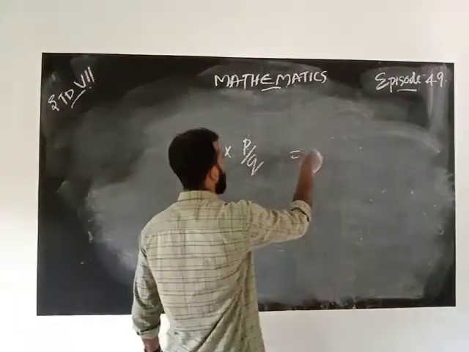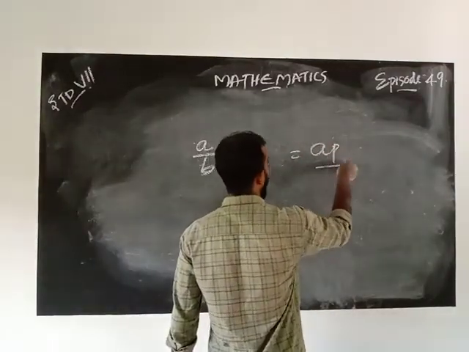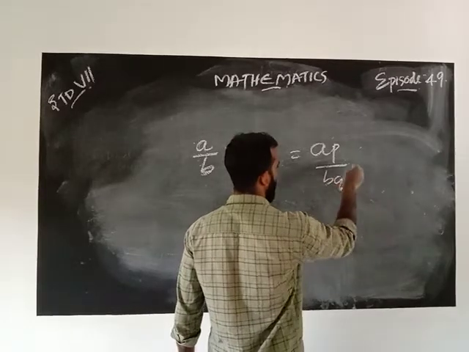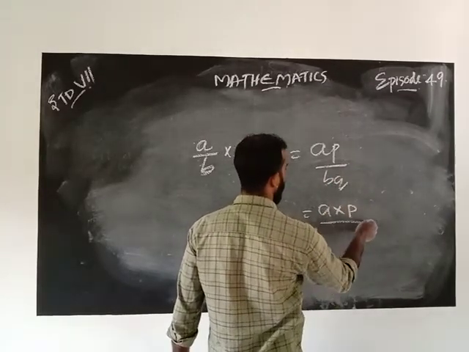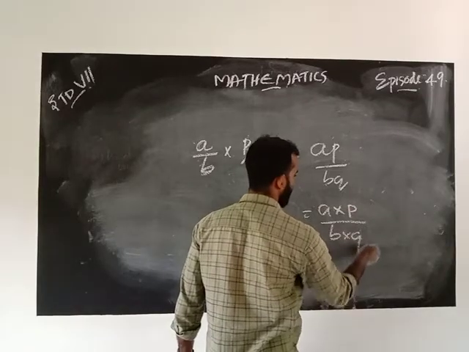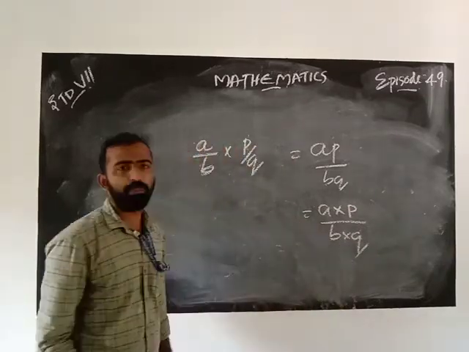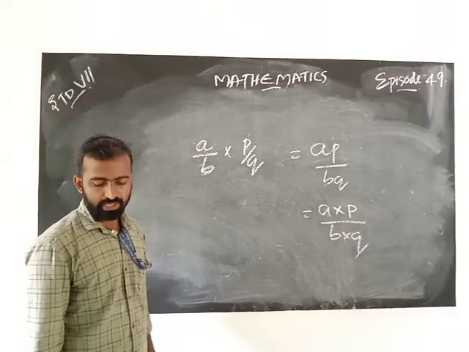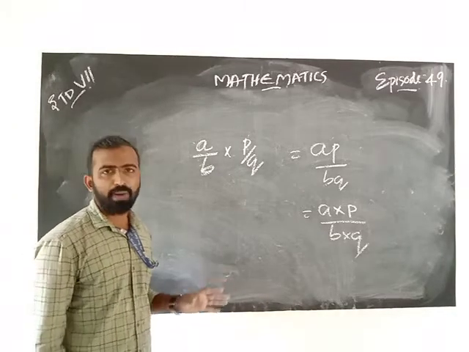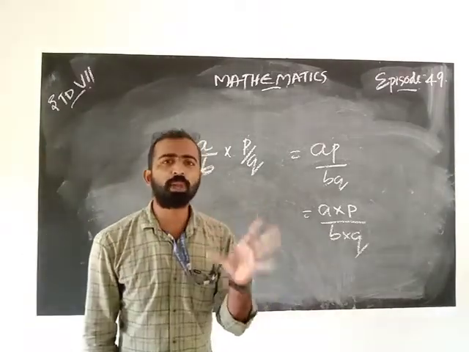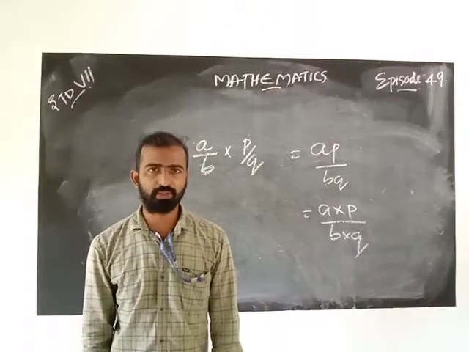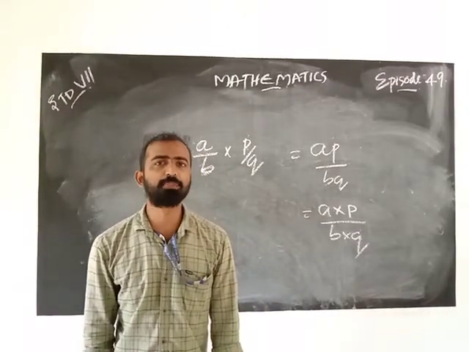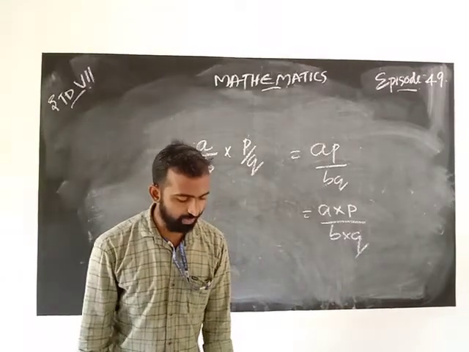That means a into p by b into q. We multiply numerator into numerator by denominator into denominator. That is the process.